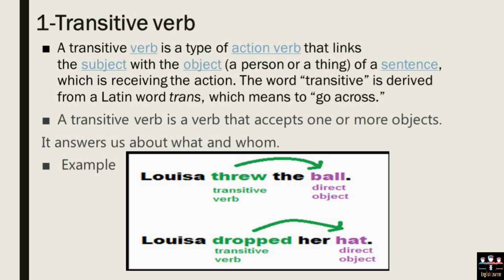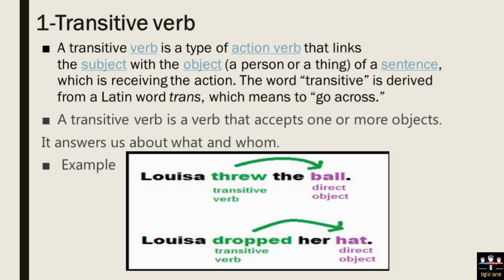Well, the subject is the doer of an action, whereas the object is the receiver of an action. So the transitive verb will be that verb which is going to transfer or pass over its meaning to the object, or which needs an object to complete its meaning.